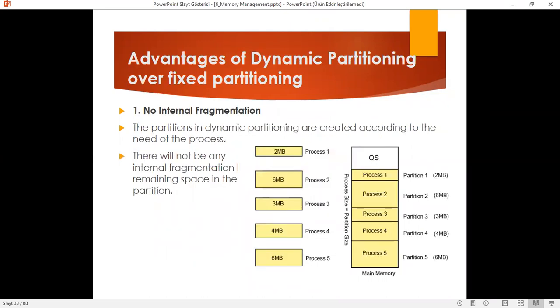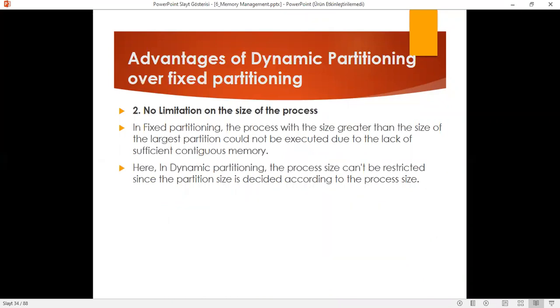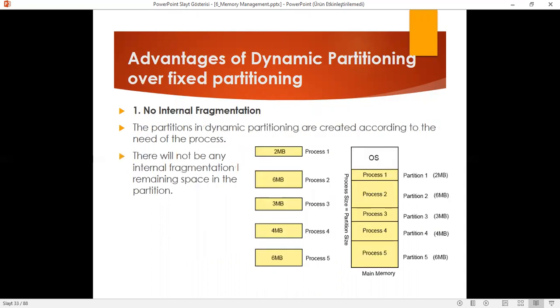The advantage, one of them, is no internal fragmentation compared to fixed partitioning. The other one is no limitation on the size of the process. So if my process size is 10 megabytes, and it is not bigger than the available memory, I can fit it. If available memory is 10 and process size is 10 or less, I can fit it.